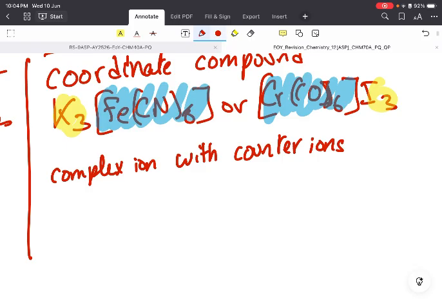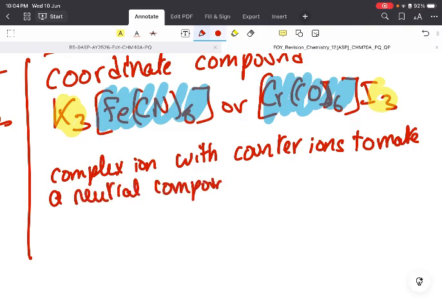All of them, the counter ion and the complex ion, make a neutral compound. Now, the number of ligands added to the complex ion is called the coordination number. A metal can bond from 2 up to 12 ligands.